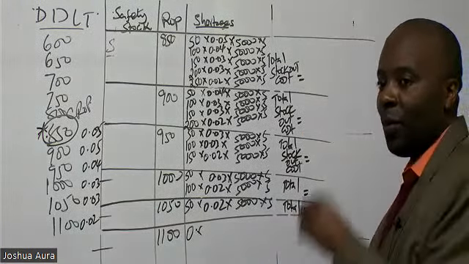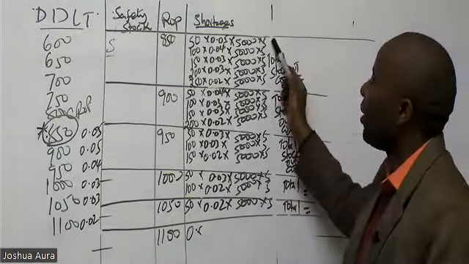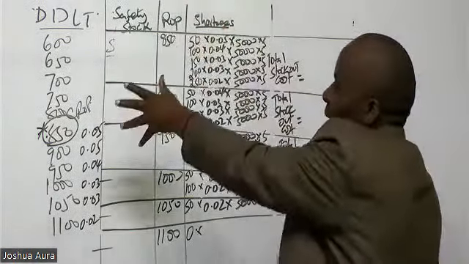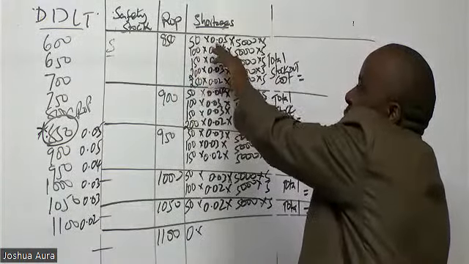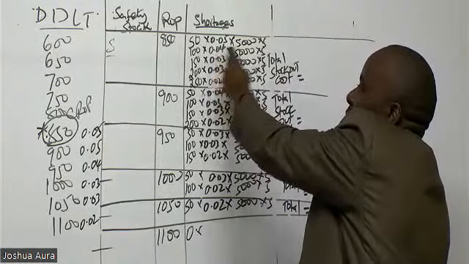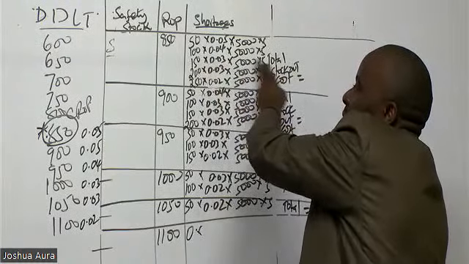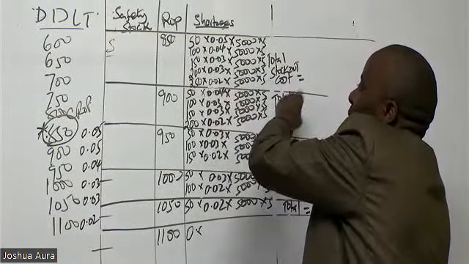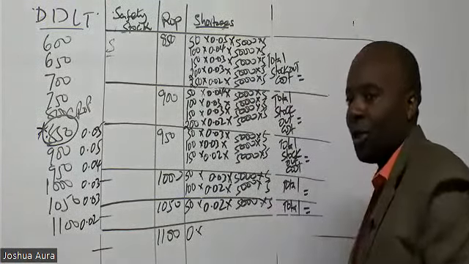If you feel it is too much for you, you can write each one of them down. But if I'm the one doing this, really, this is not a big deal. The first block, it's 50 times 0.05 times 5,000 times 5, plus the second block, plus the third block, plus the fourth block, plus the fifth block. And then I get the total stock out cost.